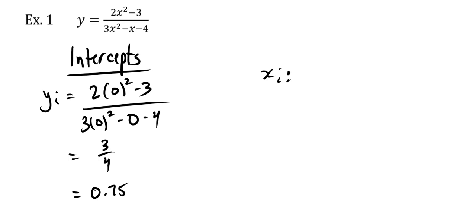Finding the X-intercepts is a little bit more involved, usually. To find the X-intercepts, what do we do? We sub 0 in for Y. So I end up with 0 equals the function.